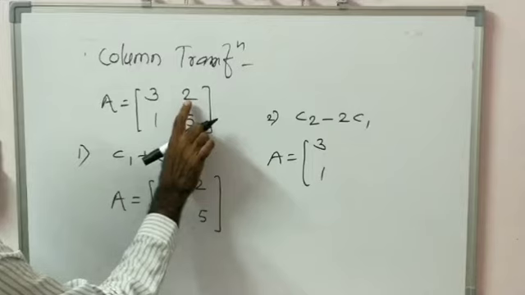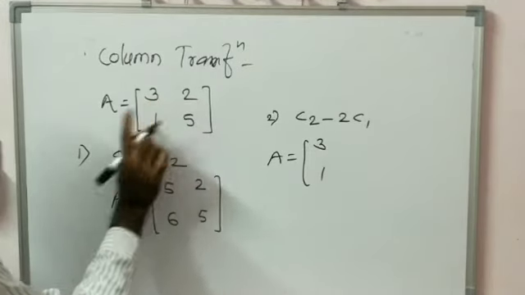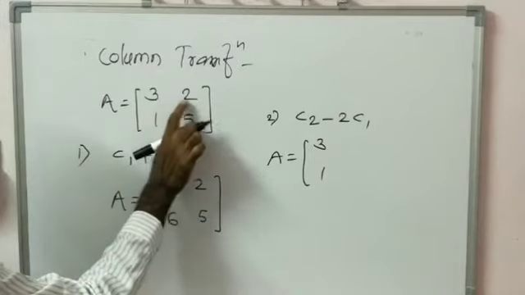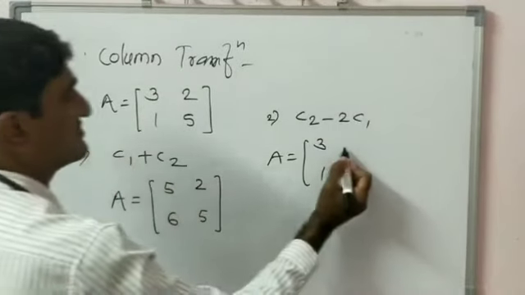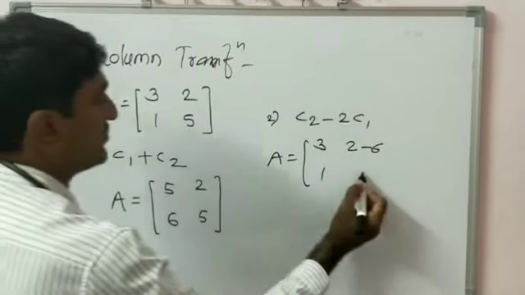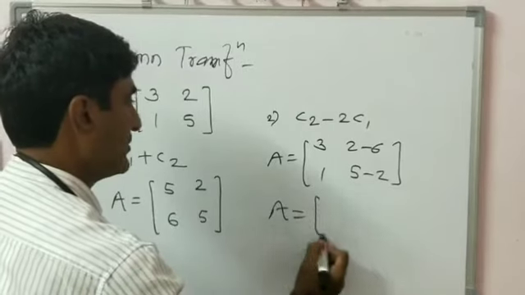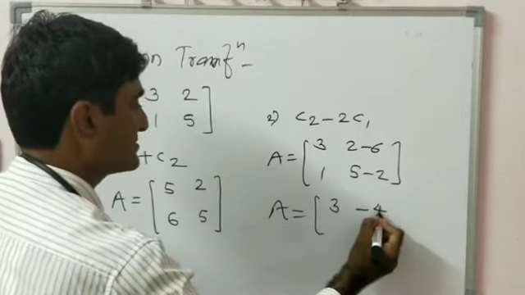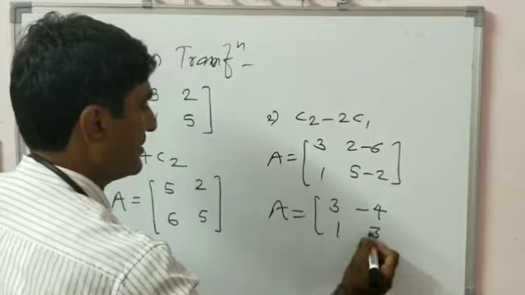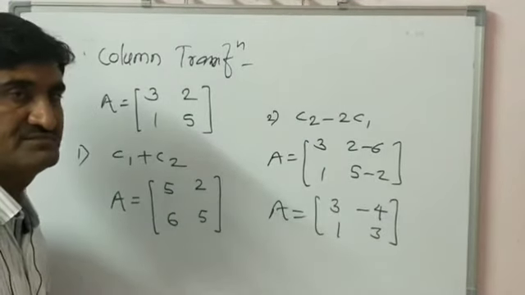Now 2 minus 6, because we multiplied C1 by 2. 5 minus 2, that is 3 minus 4... giving 1 and 3. This is the column transformation.